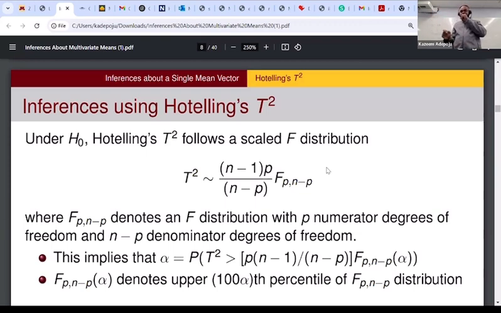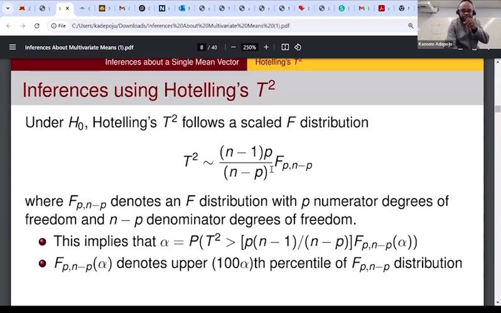So right now, the distribution of T-squared is a scaled F. Take a look at that. That's a scaled F. So what we're going to do is, when T-squared is bigger than that, we're going to take a decision.